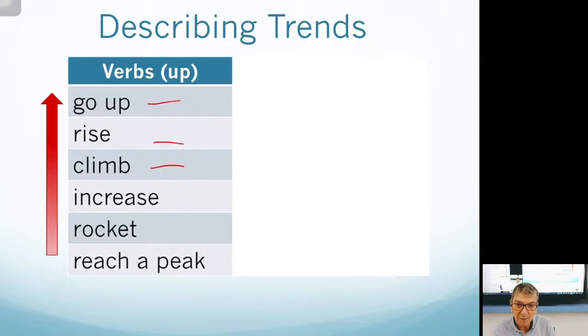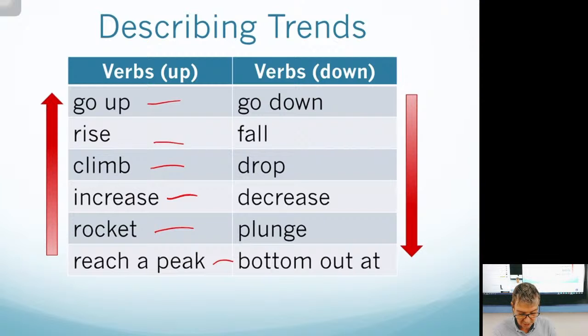So this is like climbing a mountain or something like that. Increase would also be one meaning to go up. And then rocket, this is a bit stronger. So this is like a spacecraft taking off, you know what I mean? On a launch pad, something like a massive rocket. So that would mean a very quick increase, going up very quickly. Then we might have something like reach a peak, which means reaching the highest point. Okay, so those are the verbs for going up.